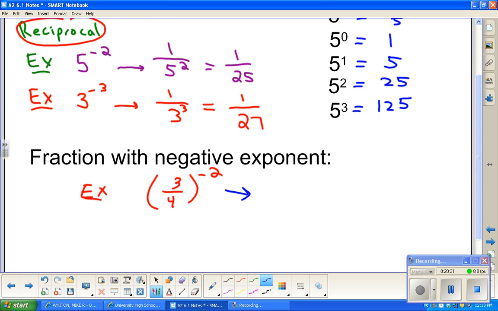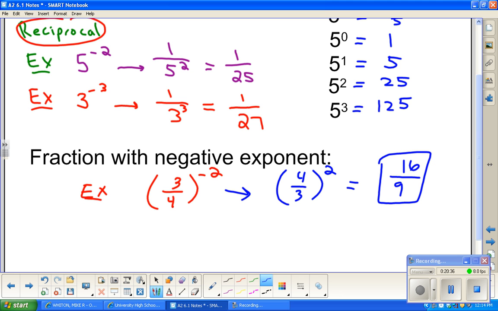So the reciprocal of that fraction is 4/3, and we can make the exponent positive. And now it becomes 16 over 9, 4 squared over 3 squared. There it is. So negative exponent, you think reciprocal.